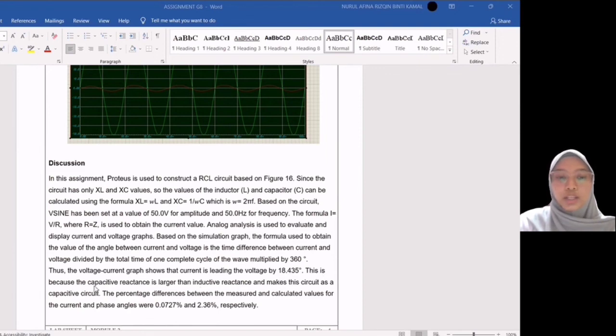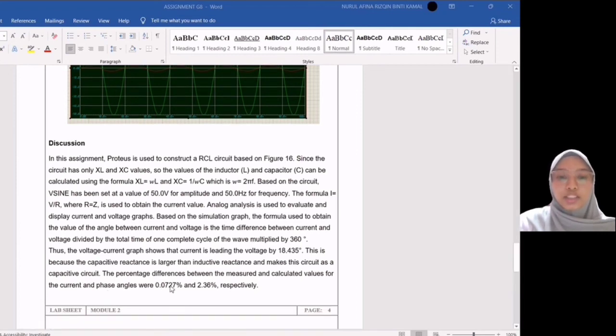This is because the capacitive reactance is larger than the inductive reactance and makes this circuit a capacitive circuit. The percentage difference between the measured and calculated value for the current and phase angle was 0.0727% and 2.36% respectively.